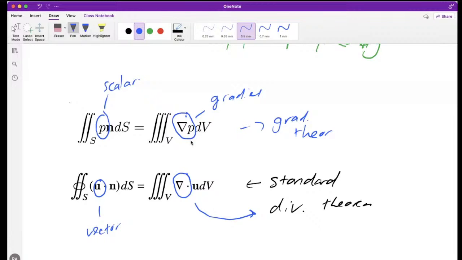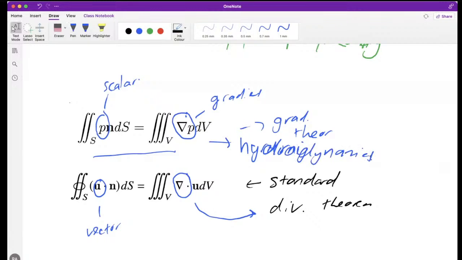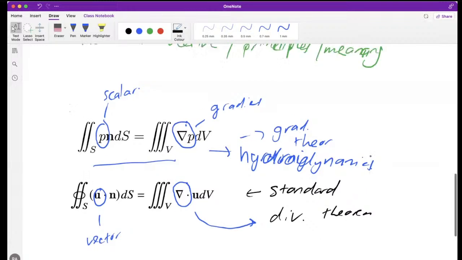This relationship is true. And this is the form that you use in hydrodynamics. Okay, this is what I want you to be aware of.